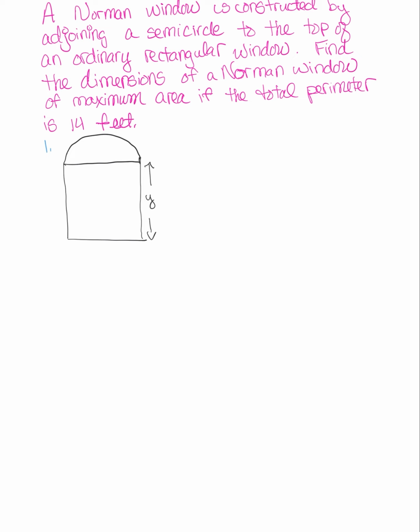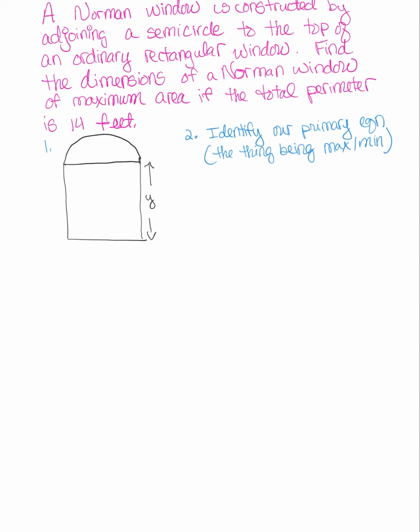We drew our picture. Second thing we're going to do is identify our primary equation, which is what? The thing being maximized or minimized. And this will be the equation that we take the derivative of.